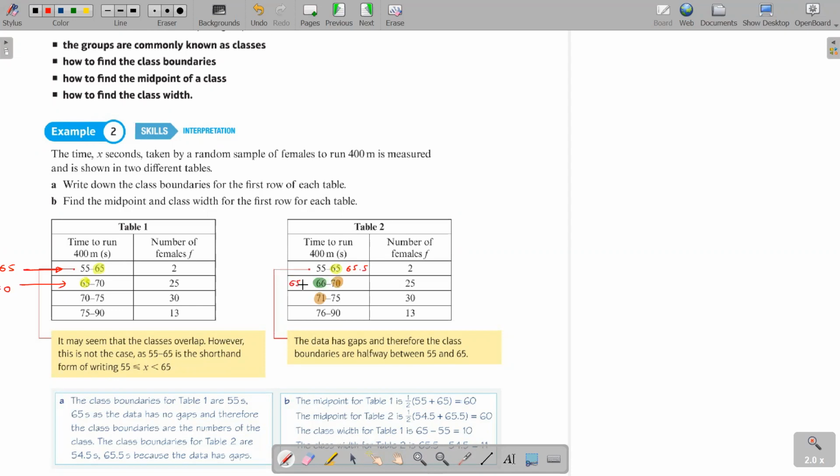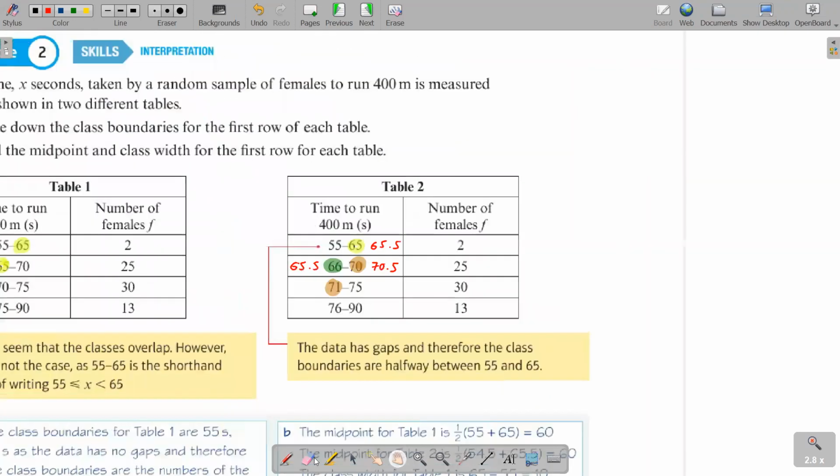Over here also you start from 65.5 and this value will now be 70.5. Then over here this 71 also becomes 70.5. Then 75 to 76 is 75.5. I take the mid value between 75 and 76. So this value again starts with 75.5 and goes to 90.5.